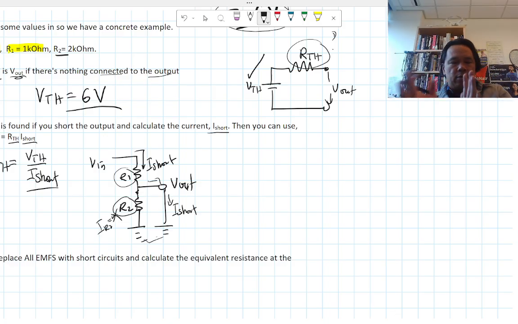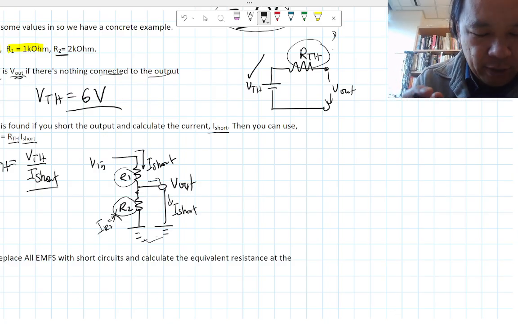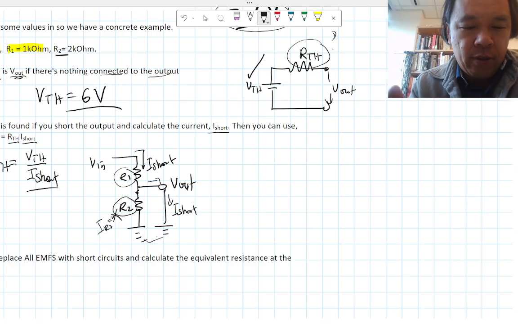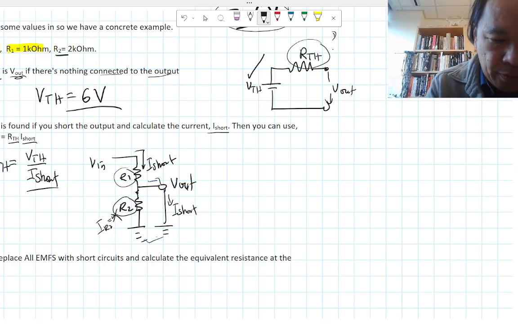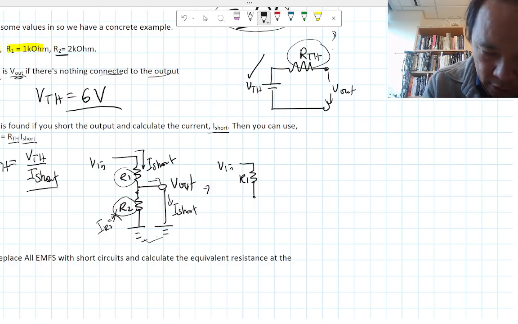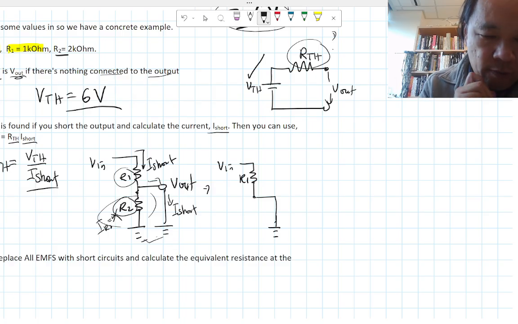The current will take the path of least resistance, and with the least resistance 0, it's always going to go through that path. So this simplifies the circuit to look like this: R1, some branch here that we don't care about because nothing flows through there, and then ground here.